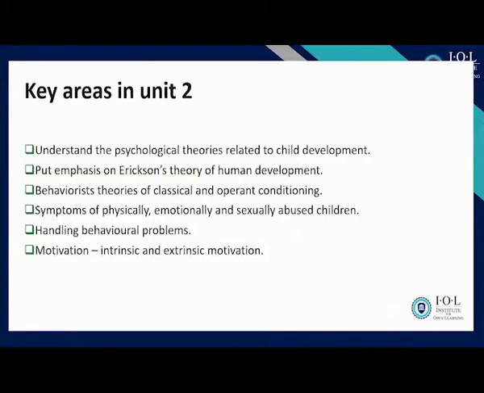Of course, this attachment, he further explains, can be secure attachment or it can be insecure attachment. When he talks about insecure attachment, he says that this is a child who has not securely bonded with their parent or with their significant caregiver. As a result of this lack of bond, the child becomes an anxious person.